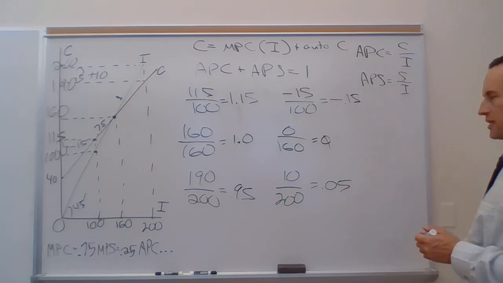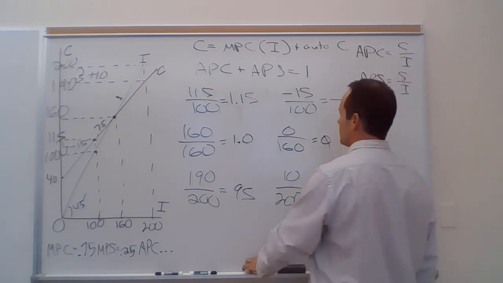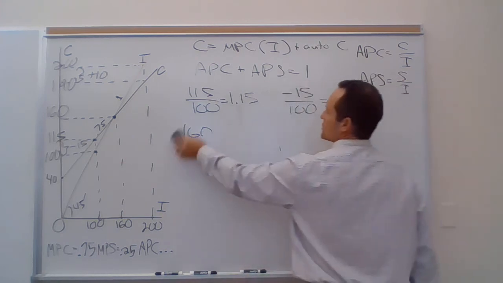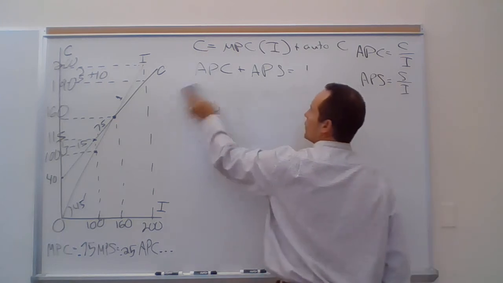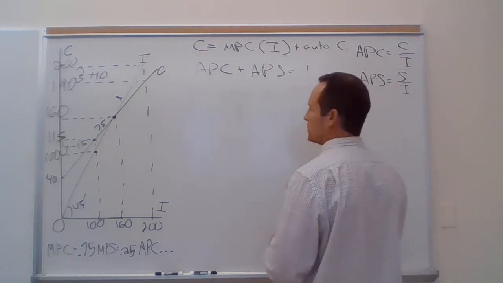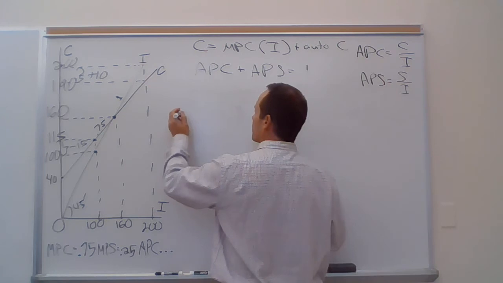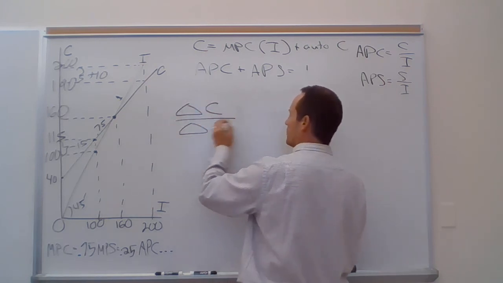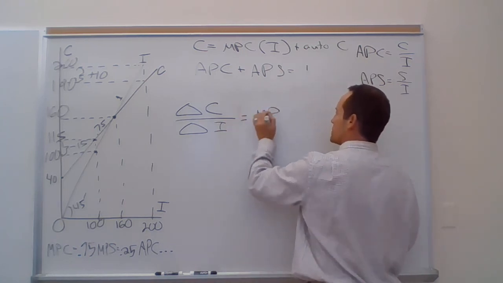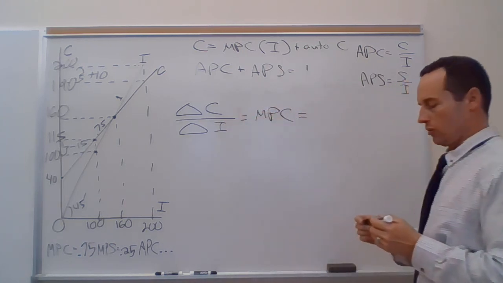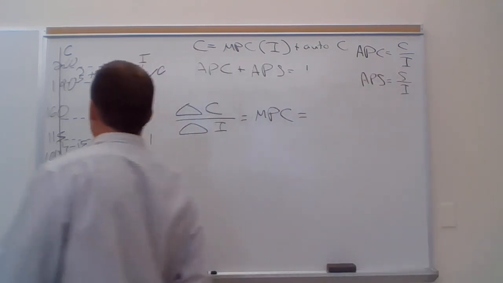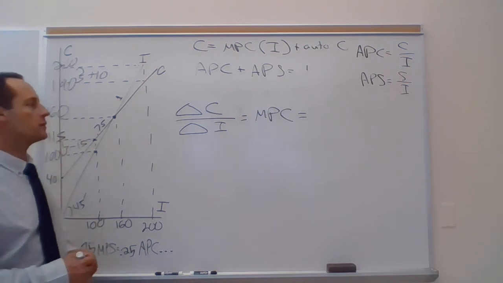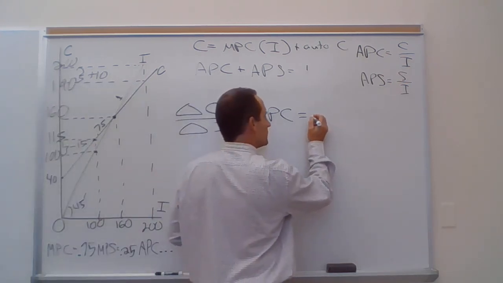Now, one last thing we shall do here is verify MPC. Change in consumption over change in income equals MPC. So let's take a look here. Between 100 and 160 is a change in income of 60.